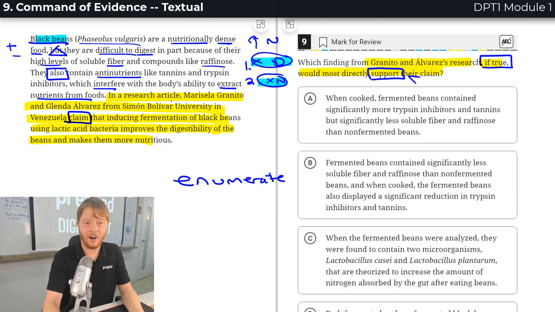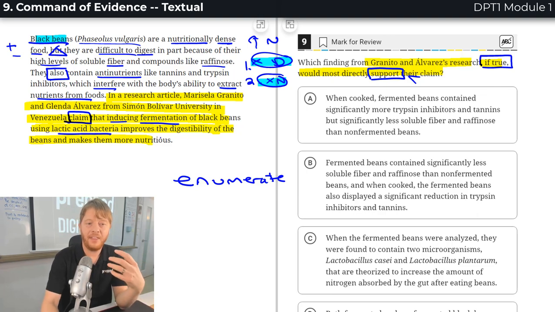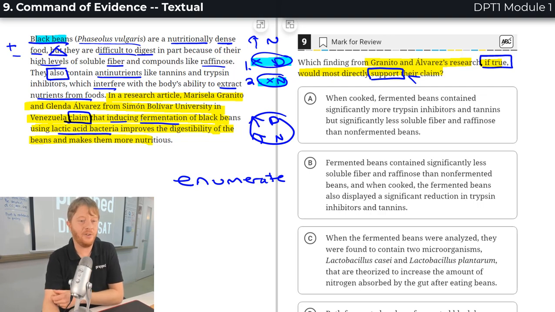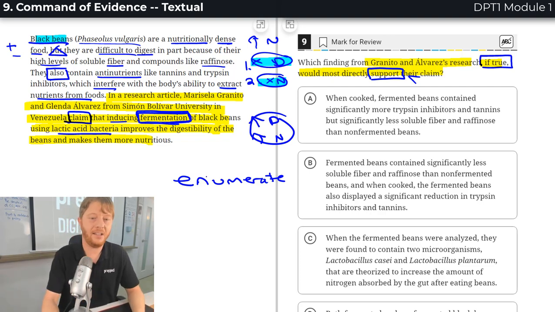So in a research article, Maricela Granito and Glenda Alvarez from this university claim that inducing fermentation, making fermentation happen, fermentation of the black beans by putting some bacteria, that would improve the ability to digest those beans, and that would improve their nutrition too. That basically fixes both problems. So I guess if you ferment them, many things are fermented. Yogurt, kimchi, fermented.